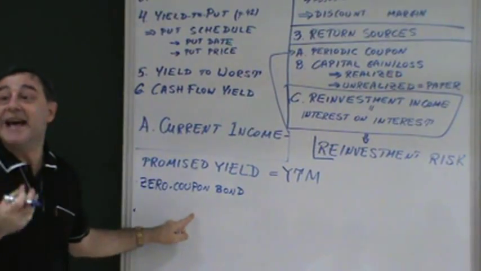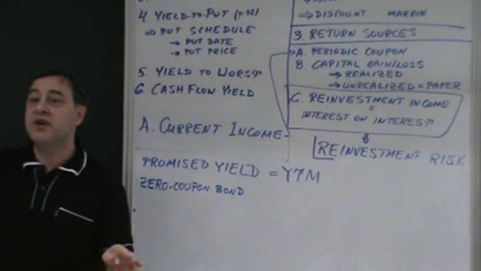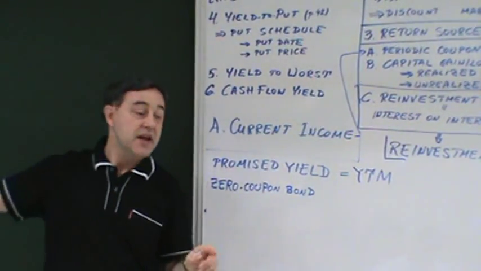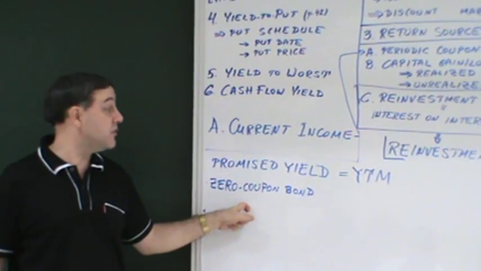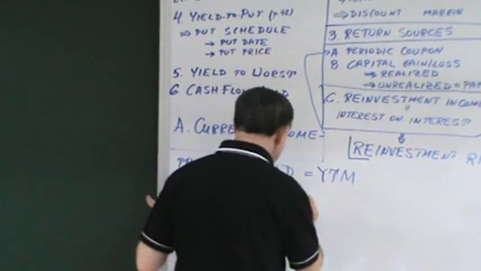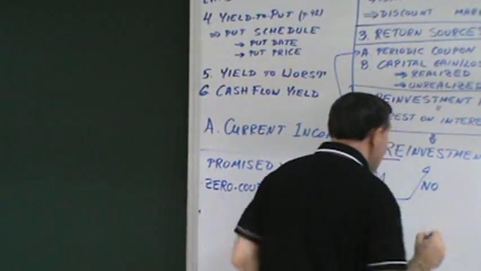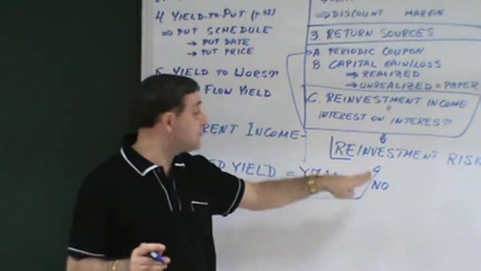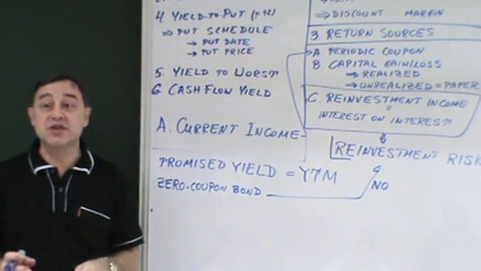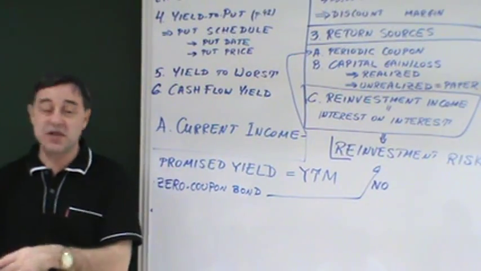A zero coupon bond has no current income, no income during its life, and therefore there is nothing to reinvest. So a zero coupon bond has no reinvestment risk. Absolutely none, because there is no coupon in the first year, no coupon in the second, no coupon in the third year.